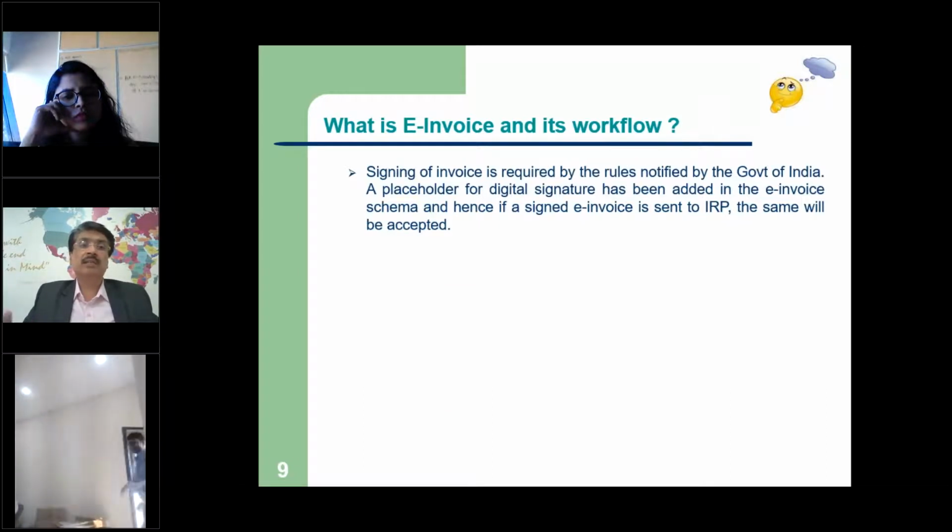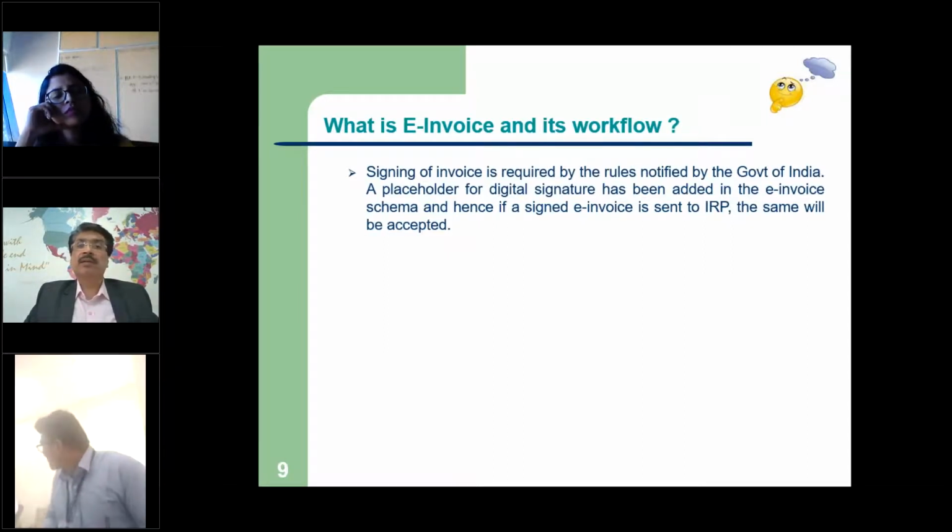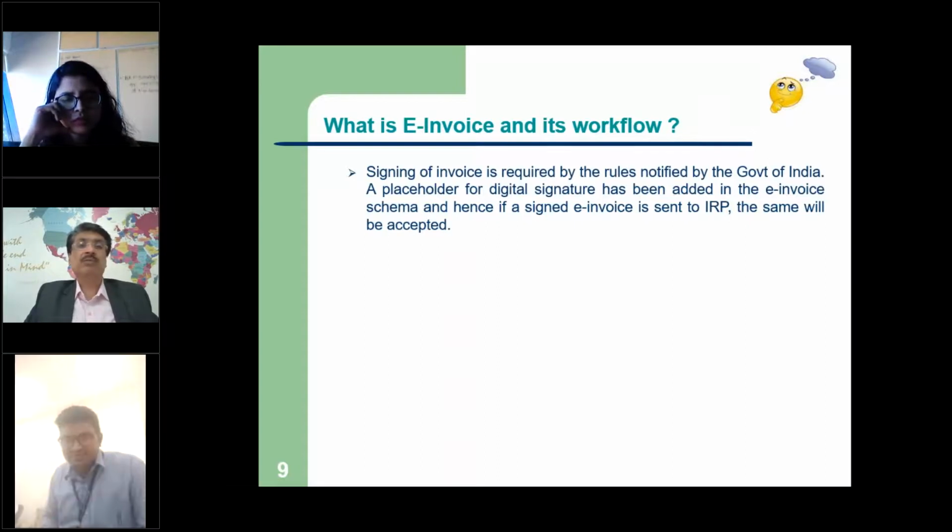I think here the businesses will have to take a call on what system they want to implement, and in case the software is required to be amended or modified, then that is going to require time. The schemas have been provided on the GST portals, and they are available with the dealer.